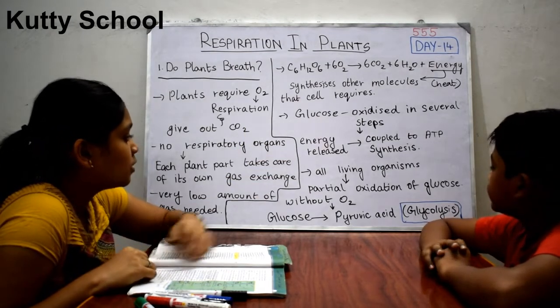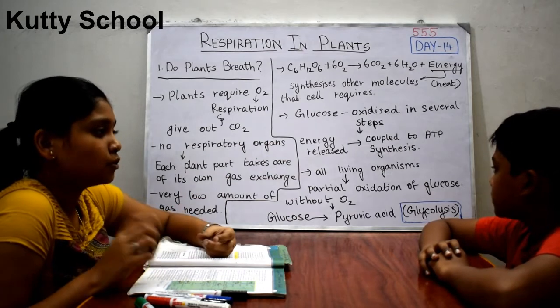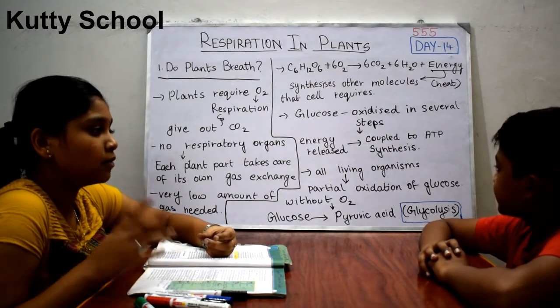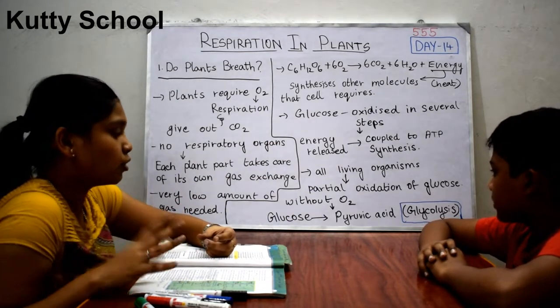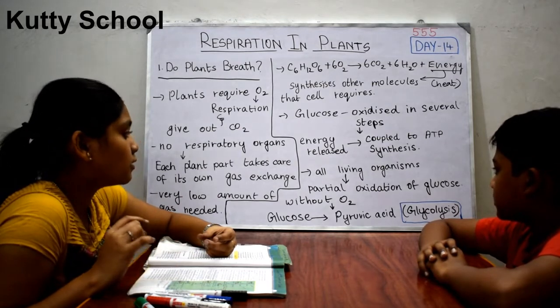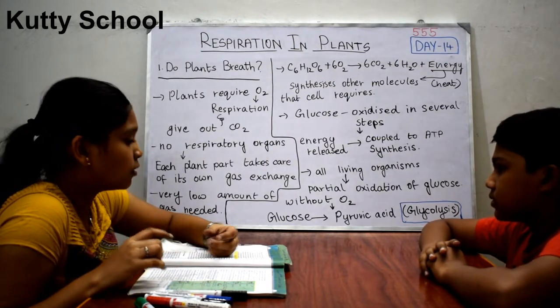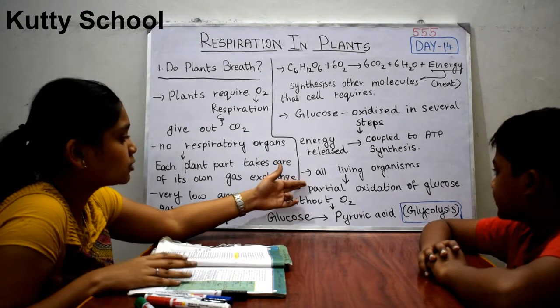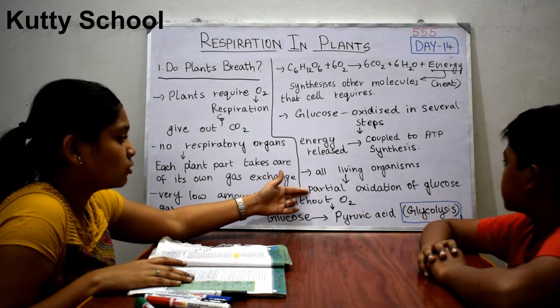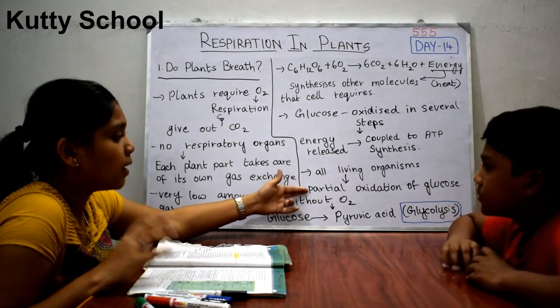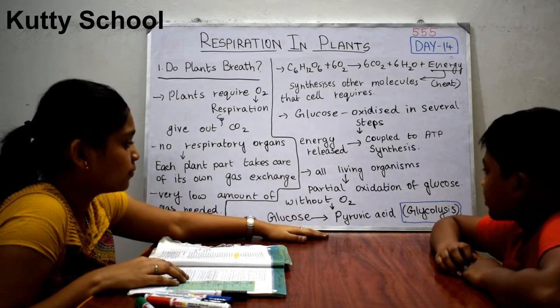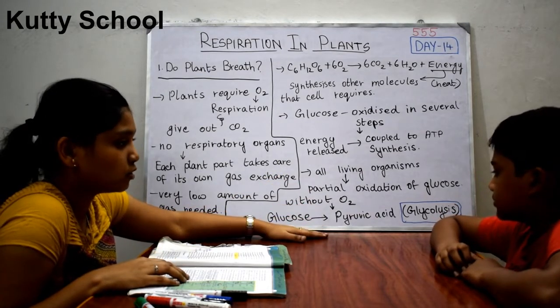All living organisms, both aerobic and those that do not live in oxygen conditions, which are known as anaerobic organisms, do partial oxidation of glucose without the presence of oxygen.